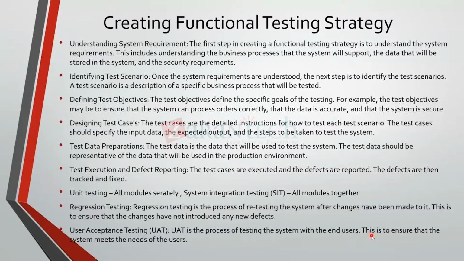Delivery is done by someone from the plant, from the manufacturer. Invoicing is done by someone from invoicing. So these are our users, and we need to do this testing with those users. That's called UAT, and this is the final testing before deployment to production.